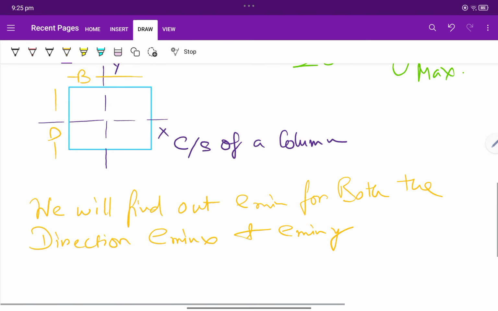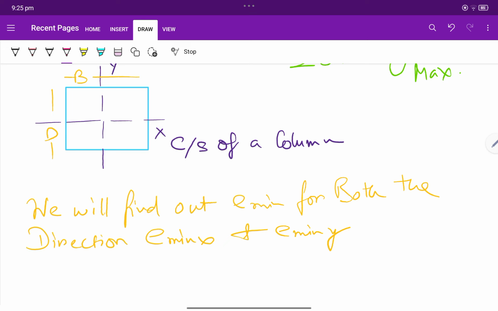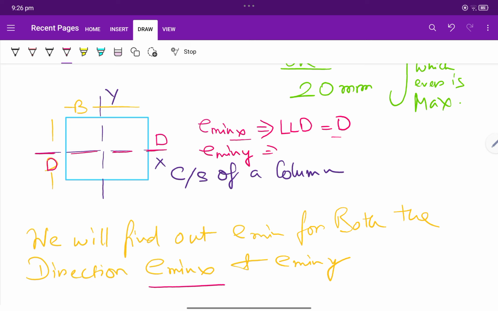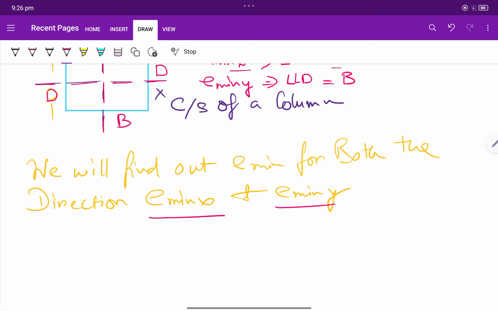One simple thing to remember: when finding E minimum in the x direction, the x direction is cutting the D dimension, so the LLD value will be D. For E minimum in the y direction, the LLD will be B, as the y direction is cutting the B dimension. So the eccentricity minimum will be calculated in both directions.